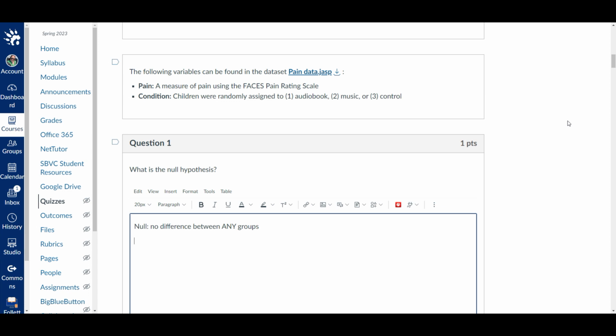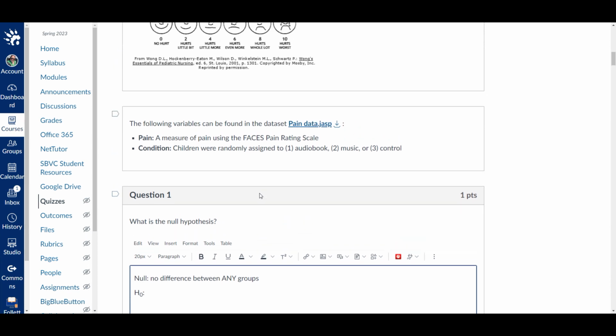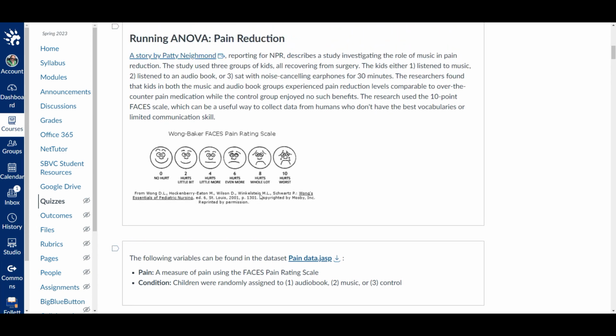So how we would indicate this using our more formal notation, I'm going to make this a subscript and then turn it off. Okay, so our null hypothesis is that all three groups are the same, that there is no difference in our three groups.